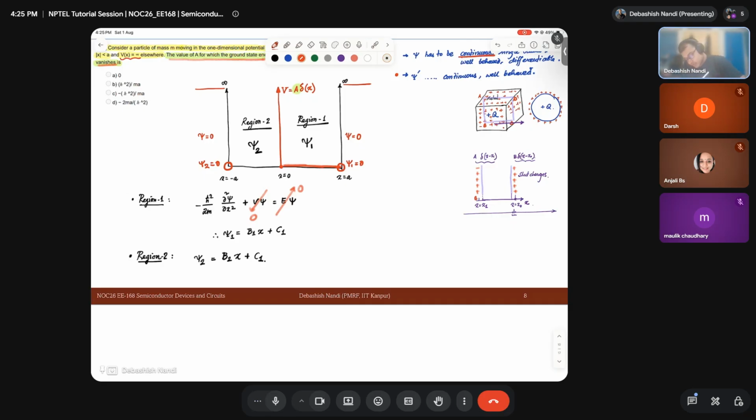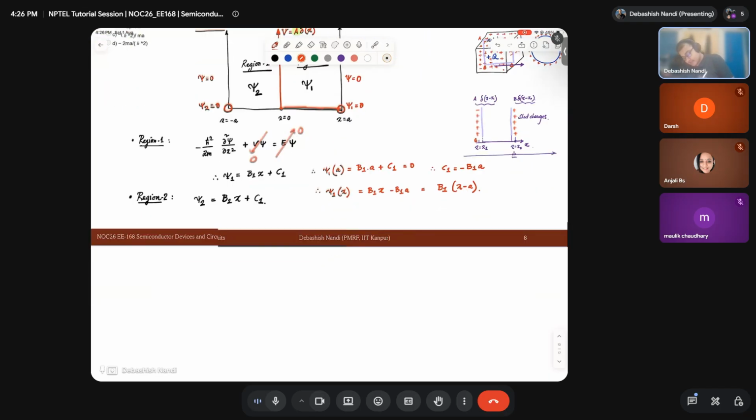Right? So from that boundary condition, psi 1 at a is equal to b1a plus c1 is equal to 0, so that leads to c1 equals minus b1a, right? Then my psi 1 of x becomes b1x plus c1, with c1 as minus b1a, so that will be b1 times (x minus a). Okay, so this is my psi 1 of x.